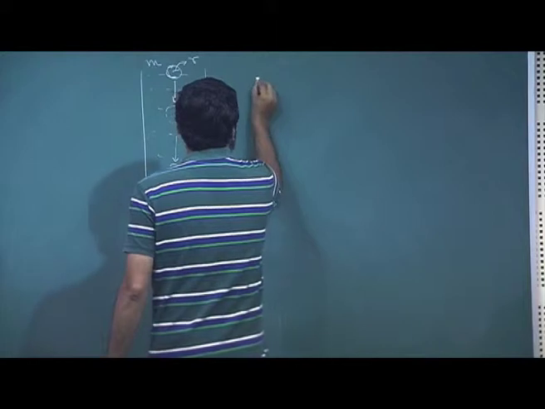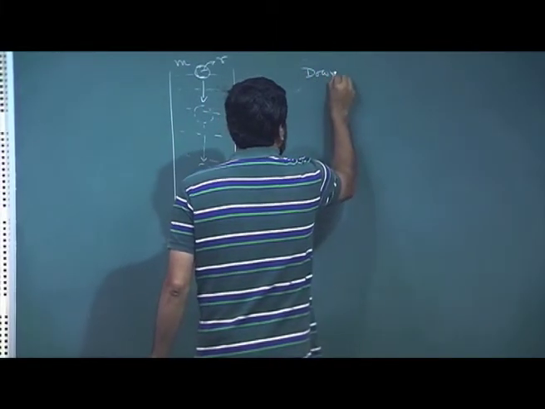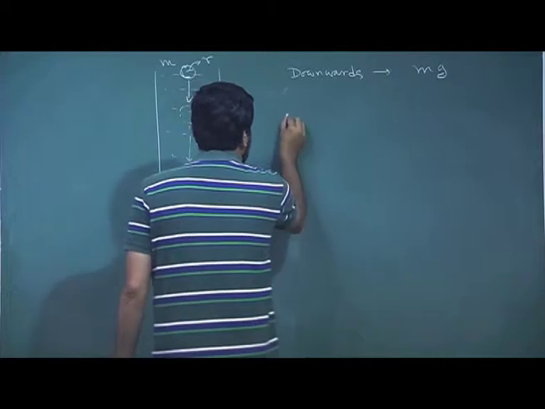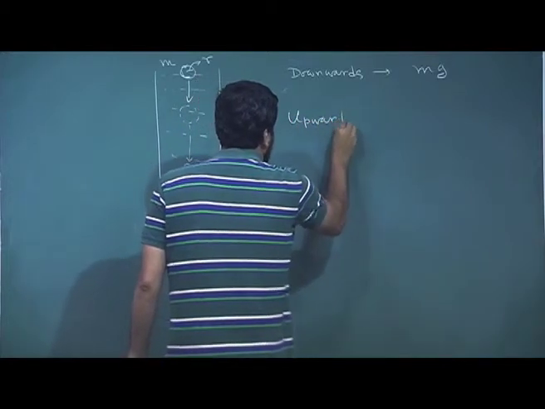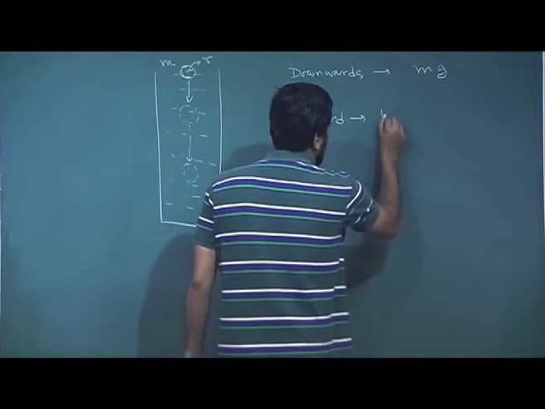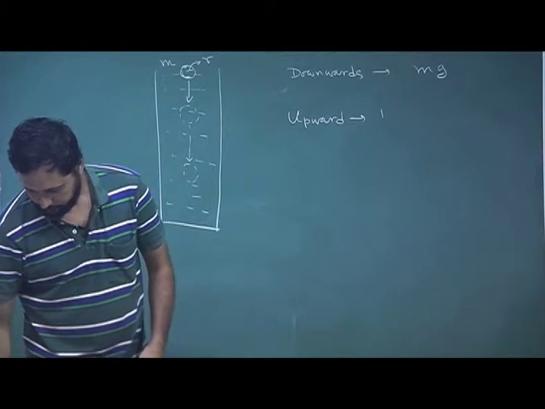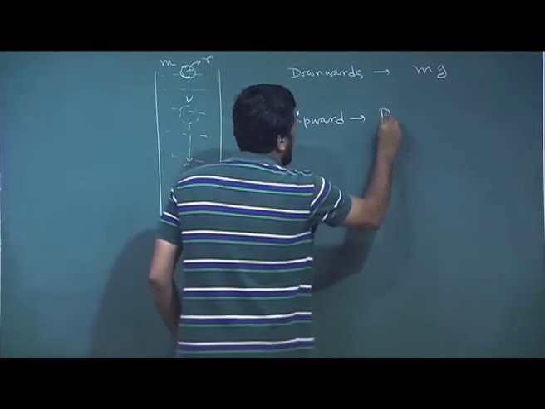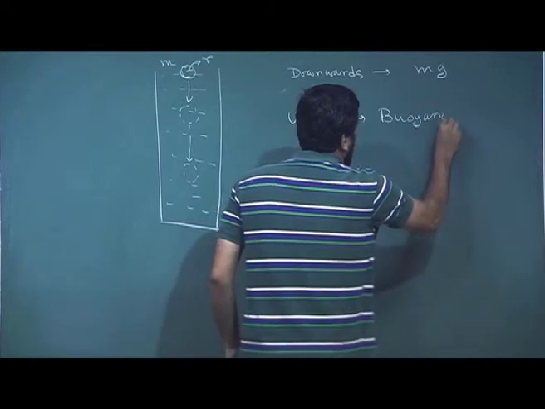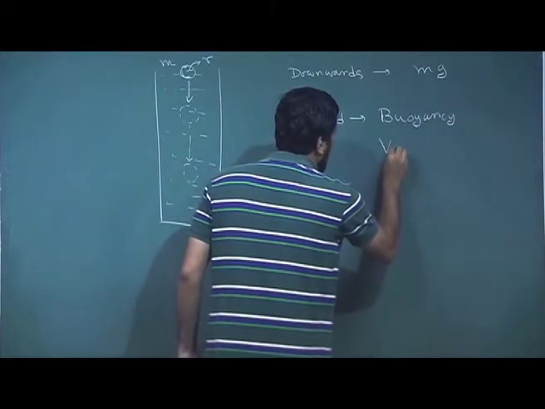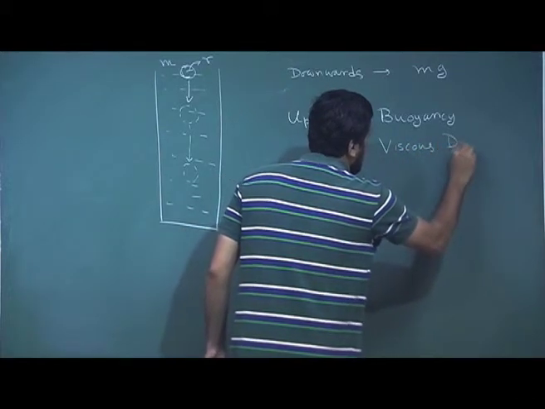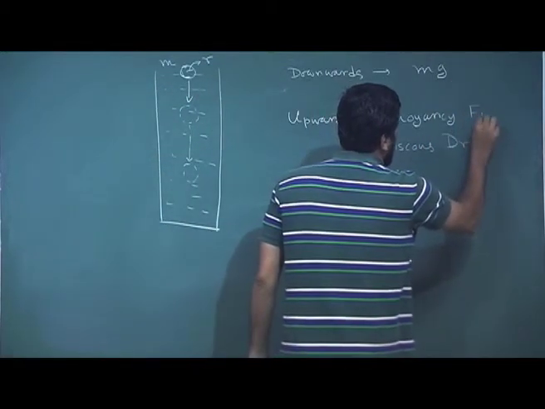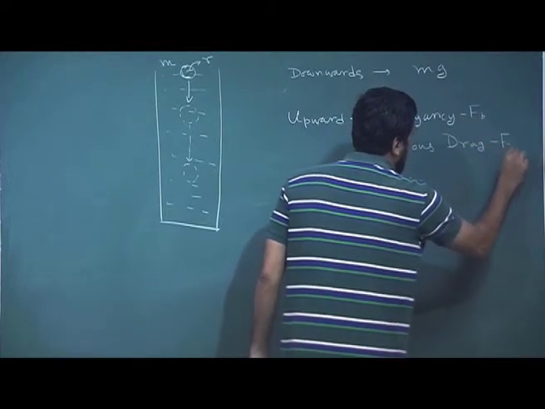So, the downward force is simply mg, and the upward forces are the buoyancy and the viscous drag. We call these Fb and Fr.